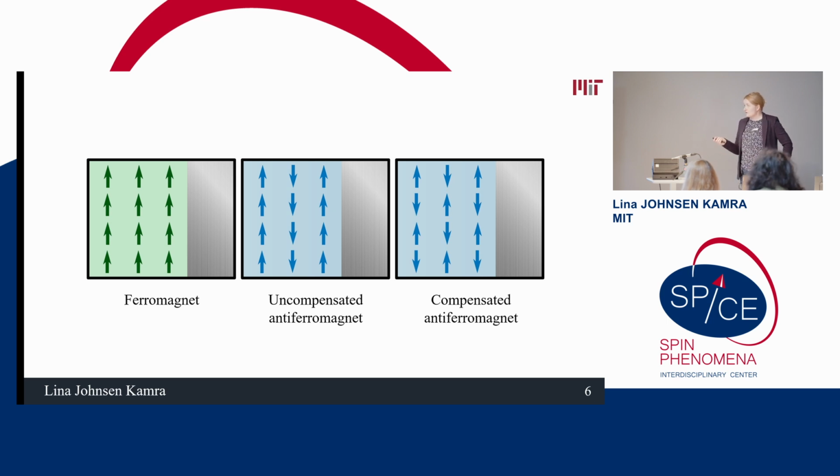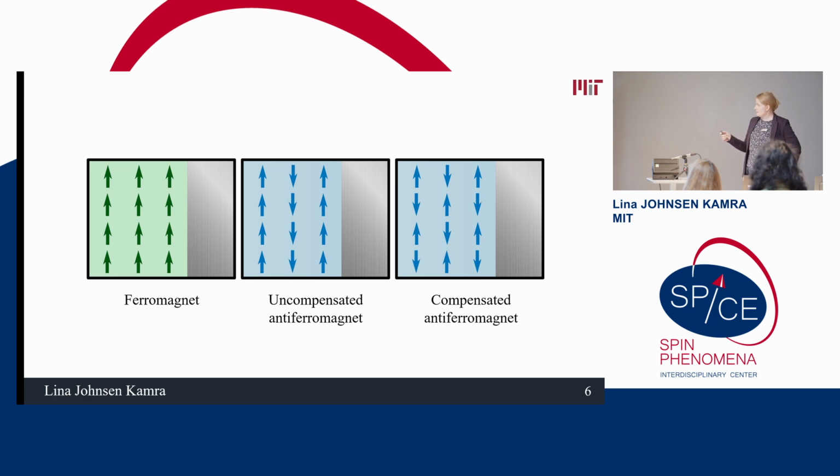Now, I'm not going to talk about ferromagnets, but antiferromagnets. While in ferromagnets we have all the spins along the same direction, you can have two types of antiferromagnets. One has the spins in each layer in the same direction, like this. They have a net 0 spin, but they have a finite spin at the interface.